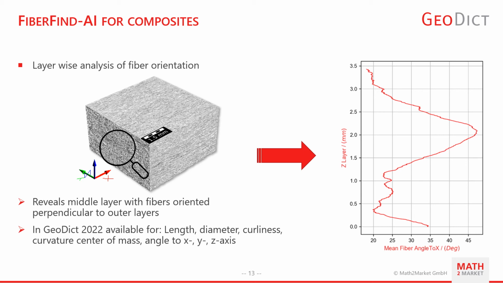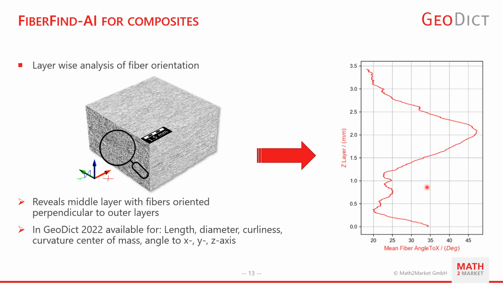Now if you apply FiberFind to the scan and then compute the angle to the x-axis, you can see that your eye is not fooling you, but you actually see there is a change in that area around 2 millimeters here on the right. You can see that the fiber angle to the x-axis changes from somewhere below 25 degrees to above 45 degrees actually.